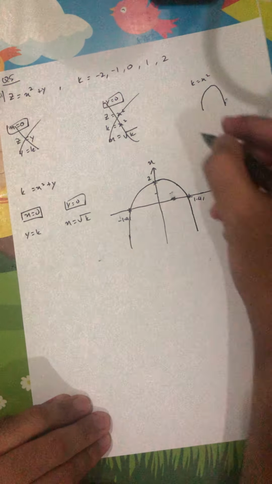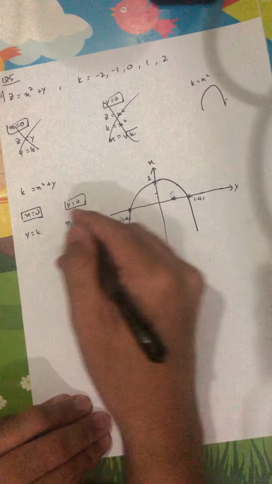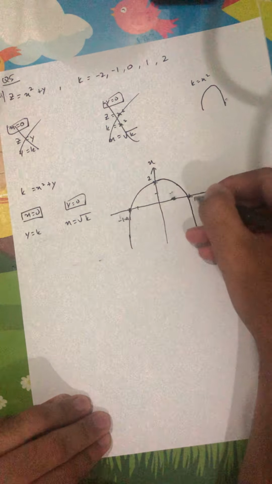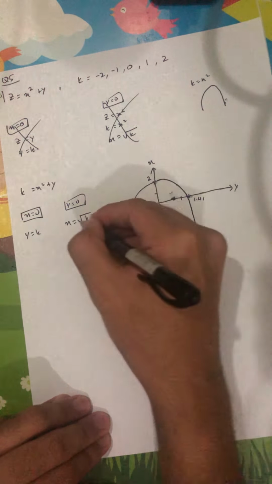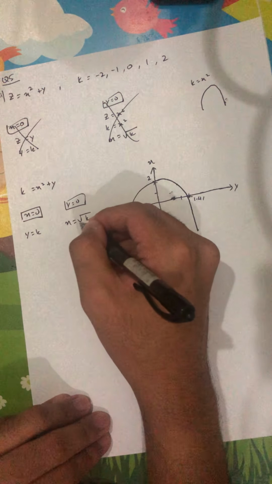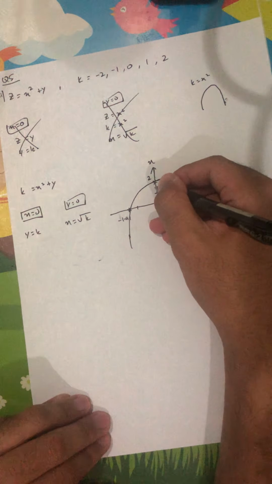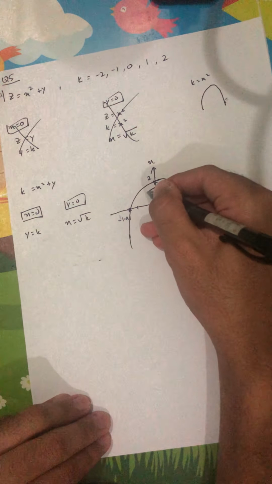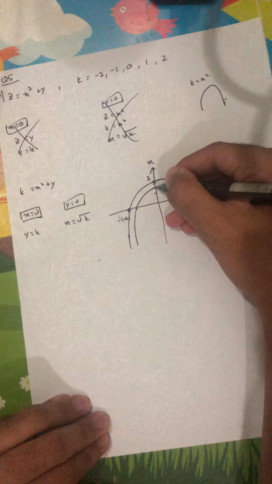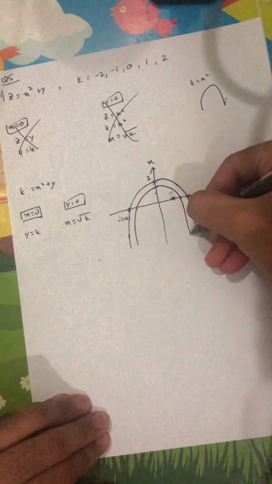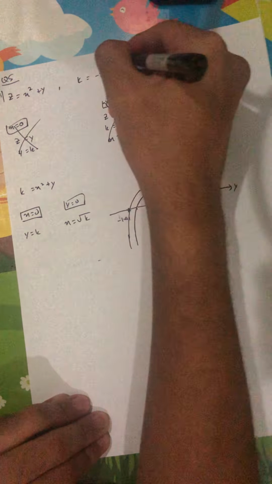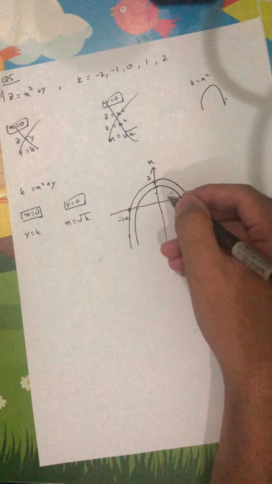Now when k equal to 1, y equal to 1, see here and here, and x is plus minus 1 as well, plus minus square root of 1, so plus minus 1. So let's say 1 is here, so it will look like this. So the same for the other values, you can try.